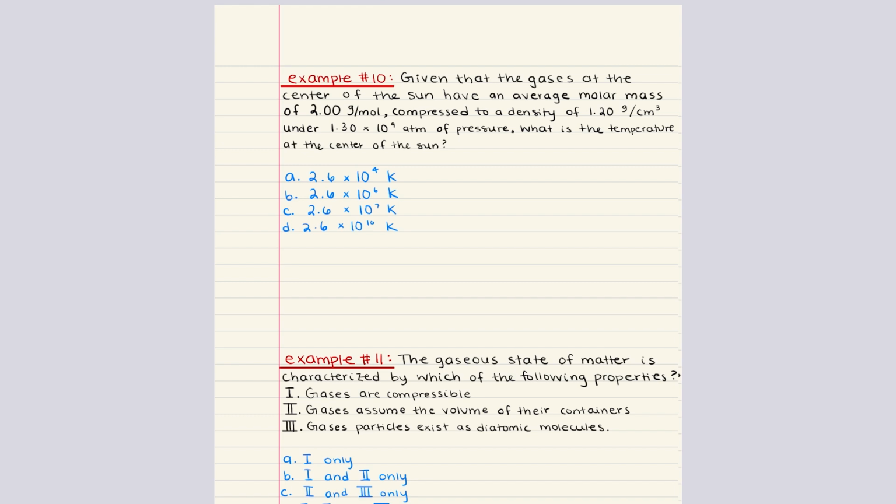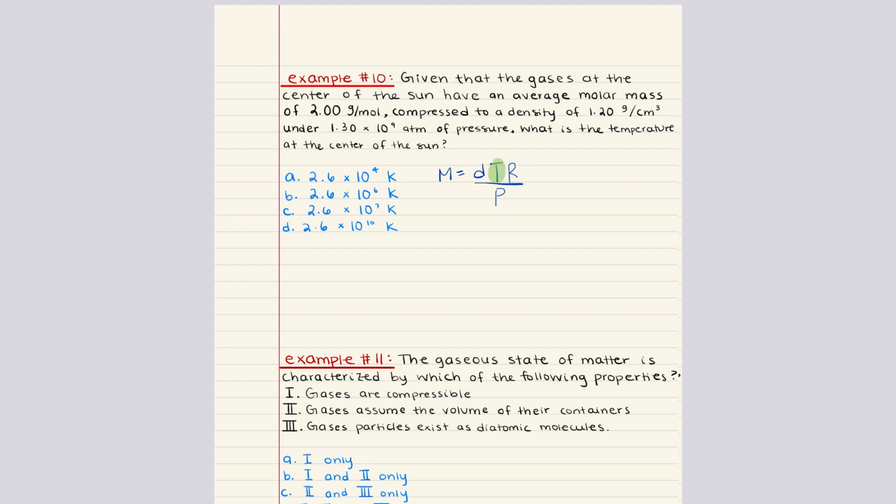So in this problem, we're going to use the version of the ideal gas law that includes molar mass and density since we're given that information in the question stem. This equation is that molar mass is equal to density multiplied by temperature and the ideal gas constant all over pressure.